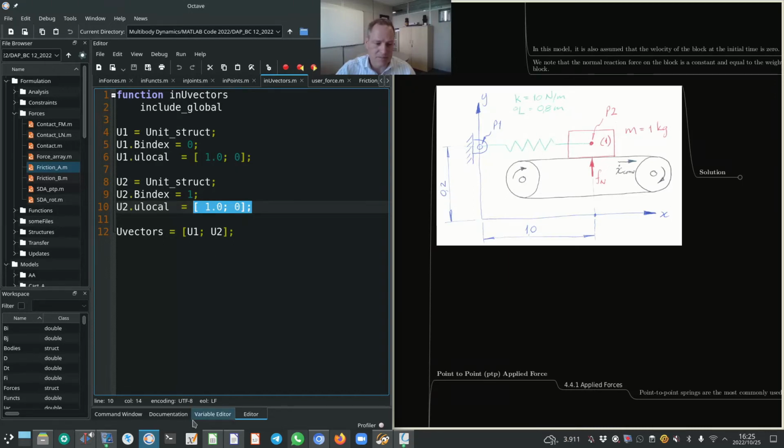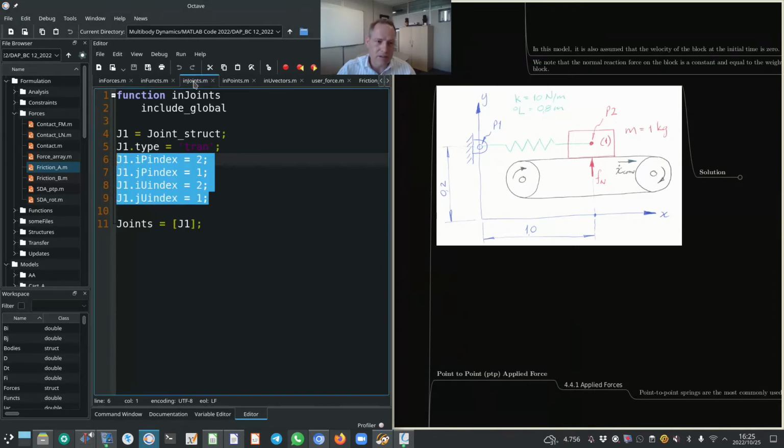Jumping back to inputs in joints, our I index U vector is U vector number 2, just like our I index point P is point 2. This point and this unit vector, both of them are on body 1.